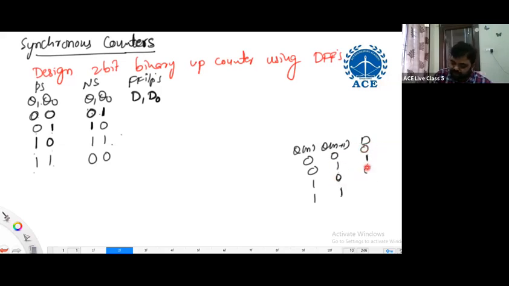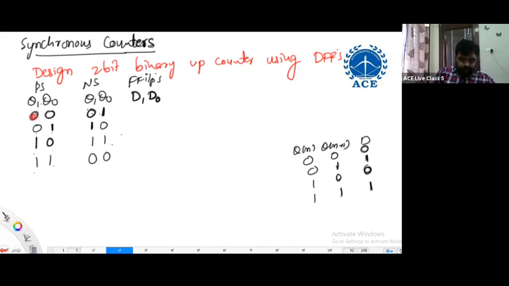Whatever you are expect on Q of n plus 1. So simply I can write the next state as the flip-flop input because these are D flip-flops, not for all. As it is a D flip-flop, excitation is very simple: whatever you are expecting on Q of n plus 1 must be given on the D input.